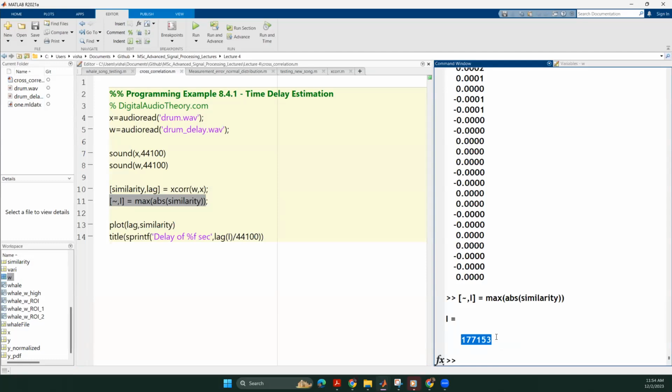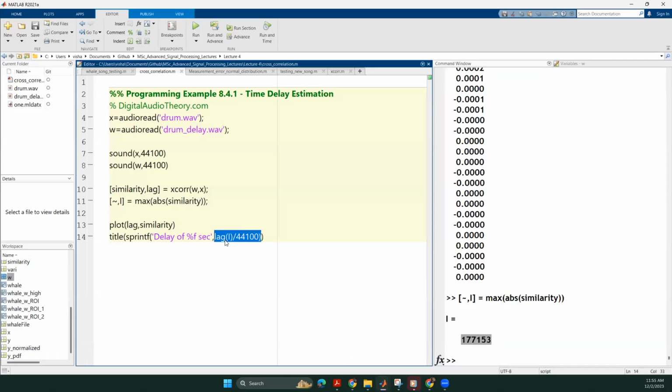So with this index, of course, I need some more things, right? I need to find out exactly the time related to this index. In order for me to find the time, I have to find the time index, and that I can do by this command where I put the index inside the lag value.